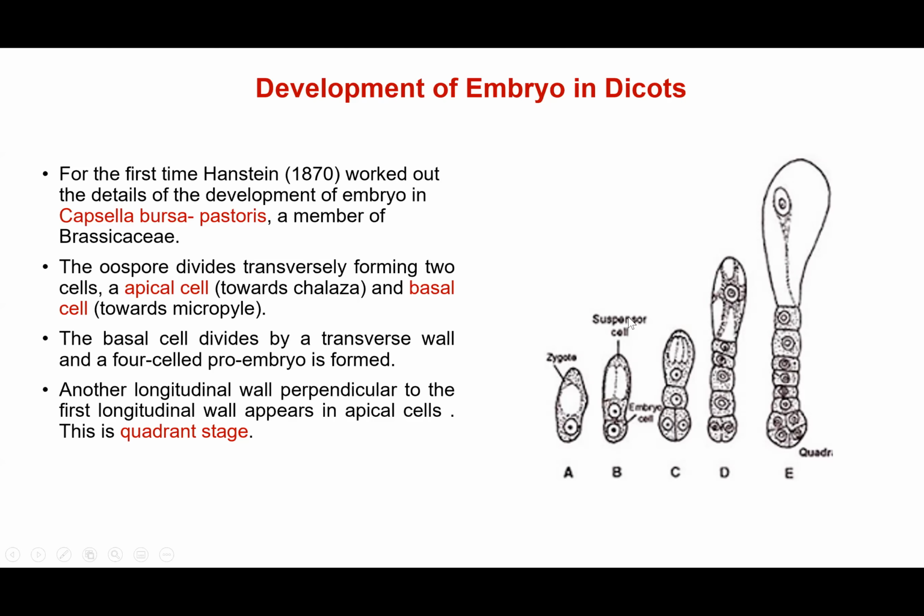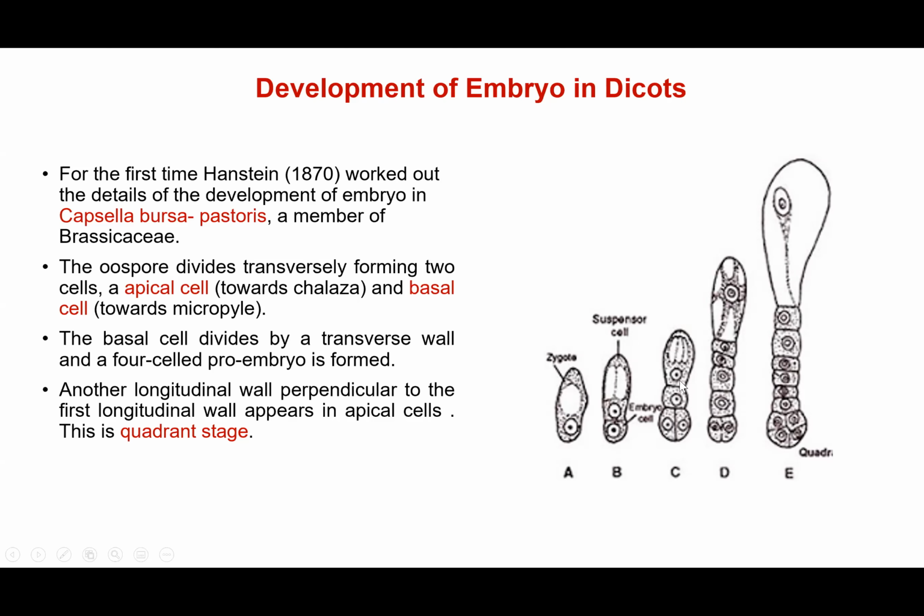In this figure, they are differently labeled as suspensor cell and embryo cell. Actually, the apical cell is towards the chalaza and the basal cell is towards the micropyle. This basal cell again divides to form a four-celled structure, and that is known as your proembryo. So a four-cell structure forms from a two-cell structure.